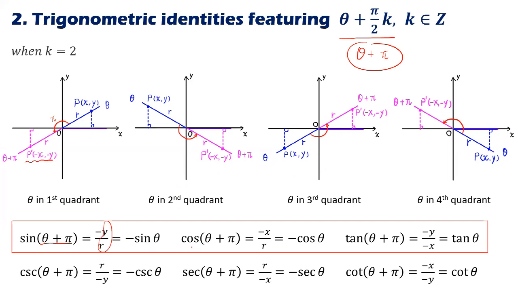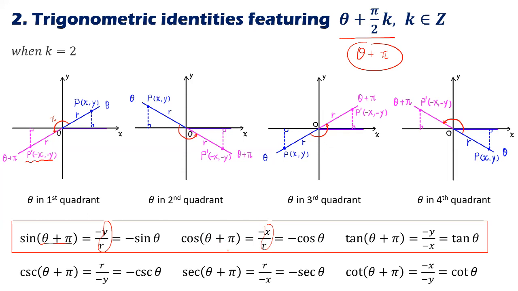And similarly, cosine of theta plus pi is defined as the x coordinate of P prime, which is minus x over r. Note that x over r in the original angle theta is defined as cosine theta, right?